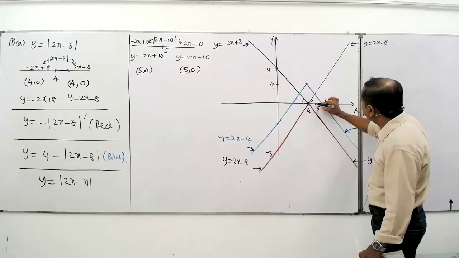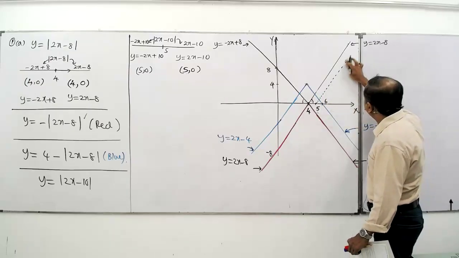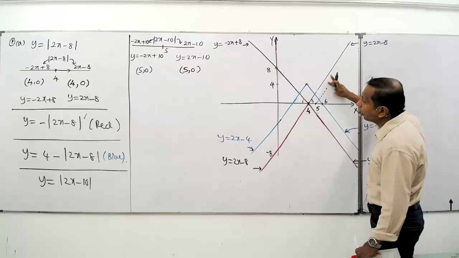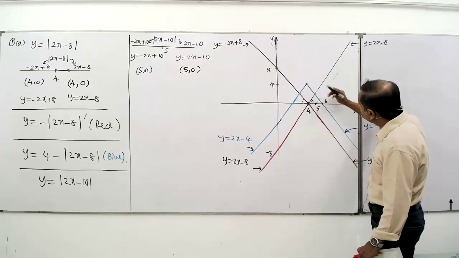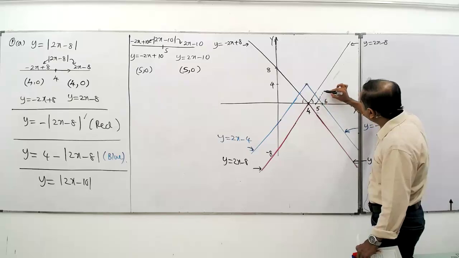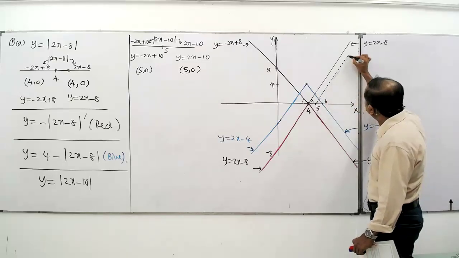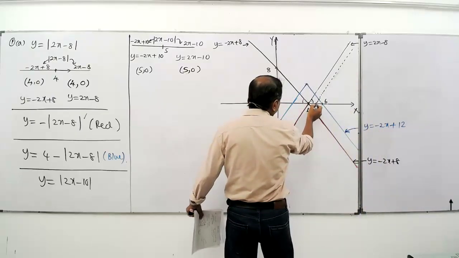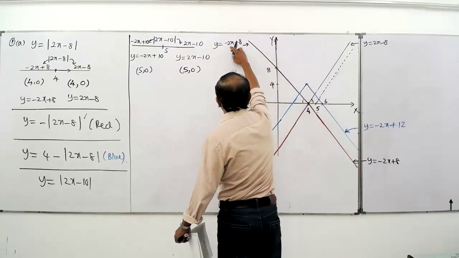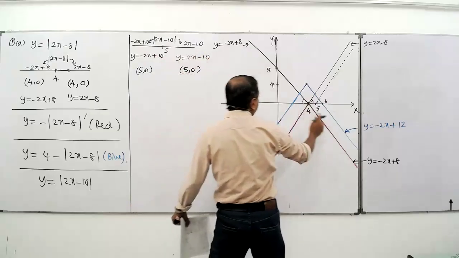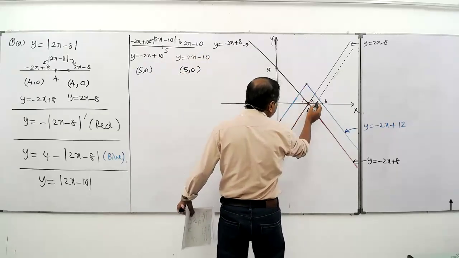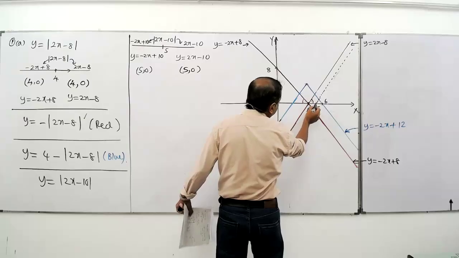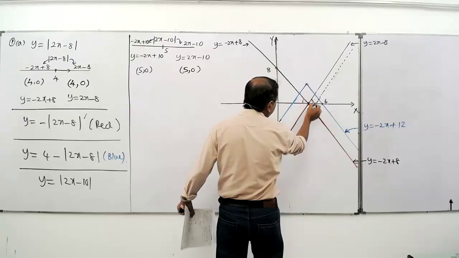I draw that with a dashed line like this. Okay. Gradients are equal, no? Gradients equal means lines are parallel. Here also the same, but this will be minus 2. Here also minus 2. Therefore, this black line and the line I should draw here should be parallel to each other like this.